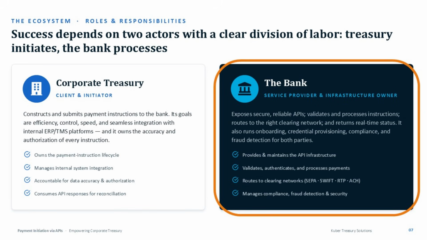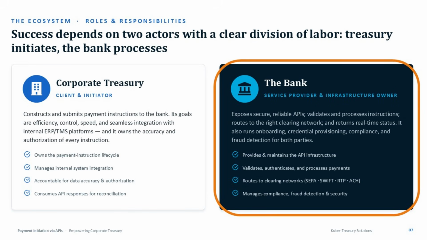On the other side, we have the bank. The bank provides the API connection. The bank receives the payment instruction. The bank checks that the request is coming from the right client. The bank checks the payment information. The bank runs its security, fraud, and compliance checks.